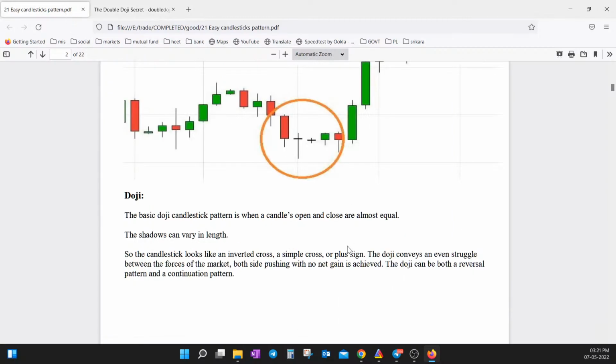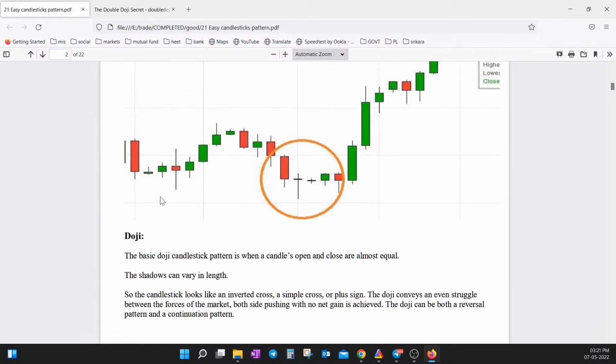I have got some examples here. The basic doji candlestick pattern is when a candle's open and close are almost equal or with a slight difference. Here we can say these two dojis have got open and close at equal price.